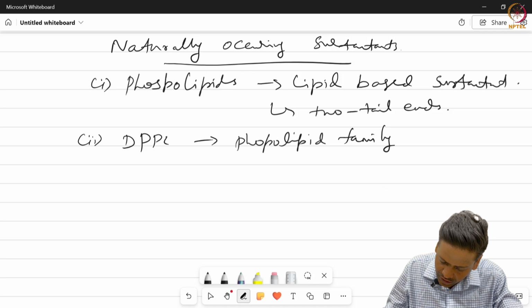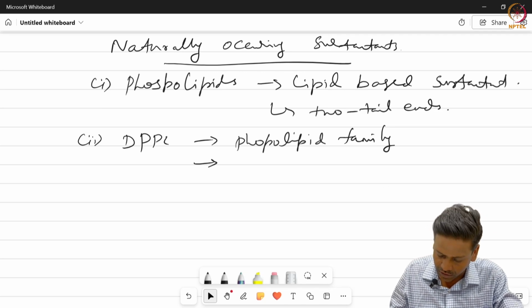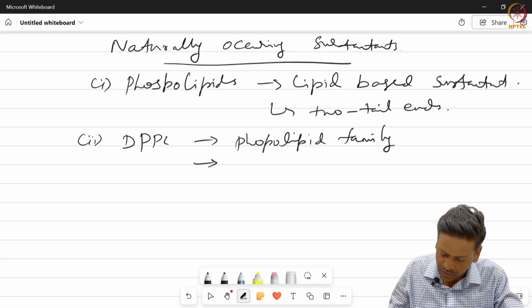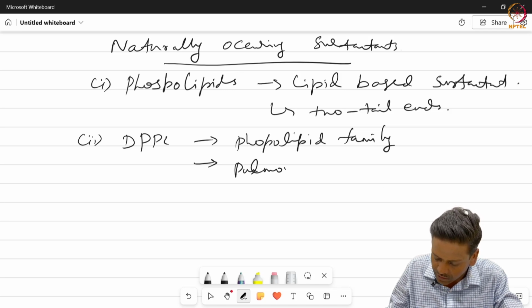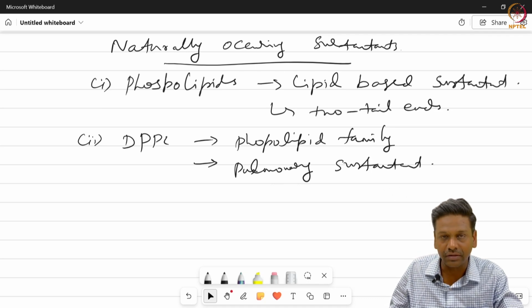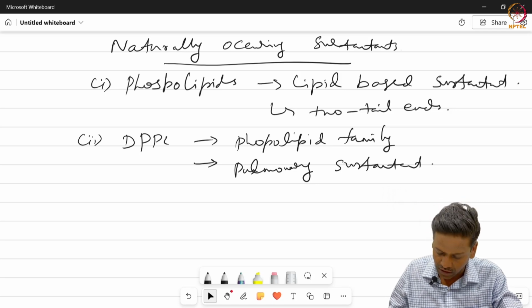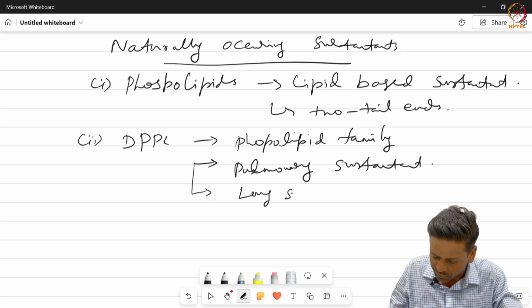This is also regarded, sometimes people call it, pulmonary surfactant, because this is the main constituent of the pulmonary tract. It is also called the lung surfactant.